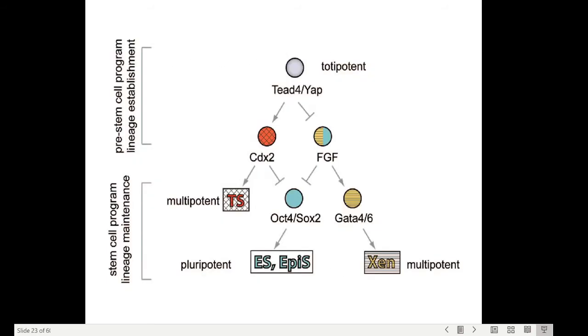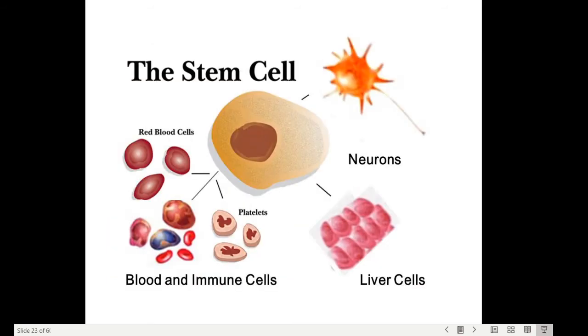Why I said the pluripotent, multipotent concept in this slide is because next we are going to discuss stem cells. Stem cells are a major thing in developmental biology. You all know, I think, as life science people, all of you have the knowledge about the stem cell.